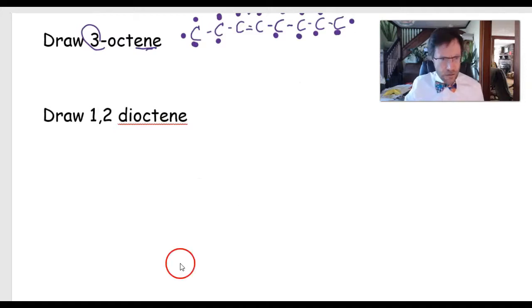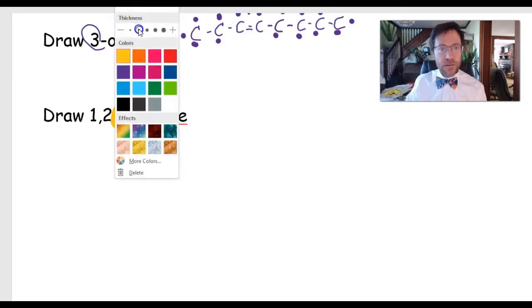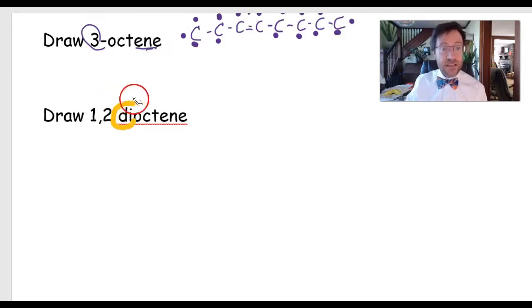Oh, gee. What's that? 1,2-dioctene? Alright, guys, it's the same exact thing, but with, once again, 1 extra layer. The prefix di means 2, right?